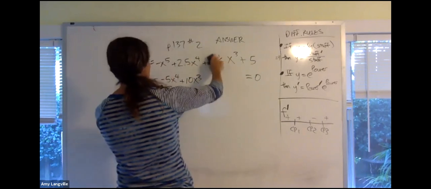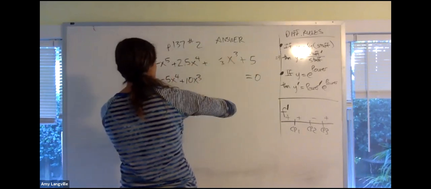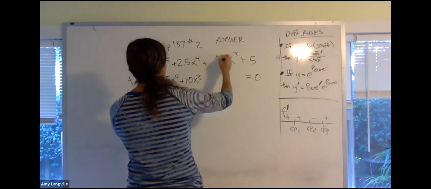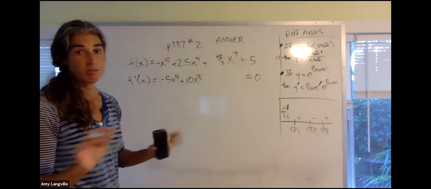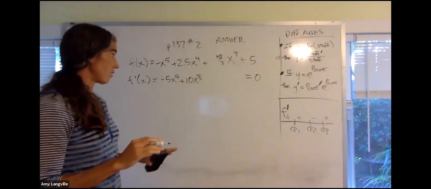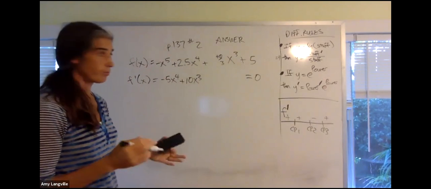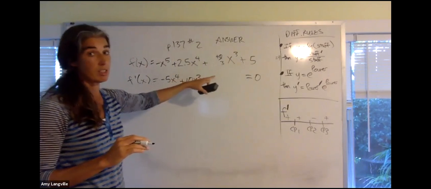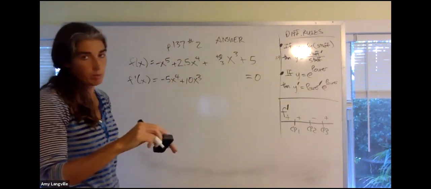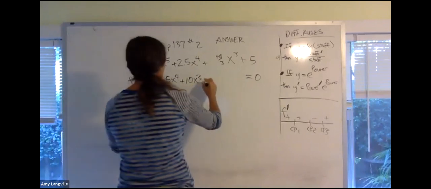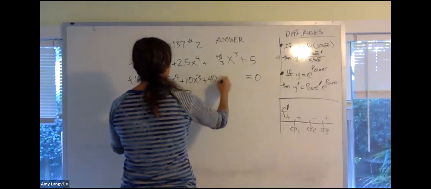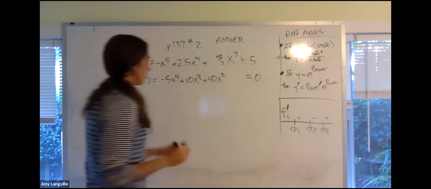That's 40 thirds. 13 and a third is 40 thirds. Or if you don't like the fractions, turn them into decimals. I find that every semester that really helps a lot of people. So if any of you are worried about what I just did there, just 13.3333. And then you multiply that by 3, so we're just going to get plus 40x squared plus 0.